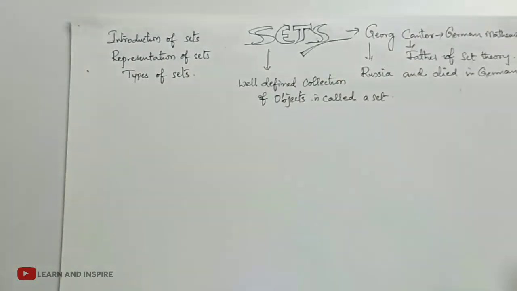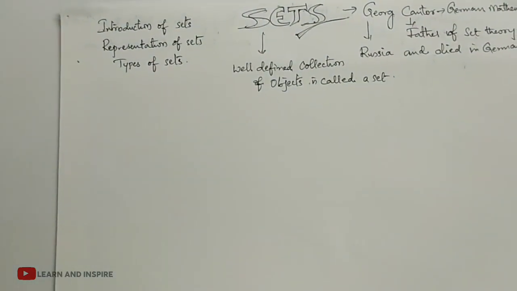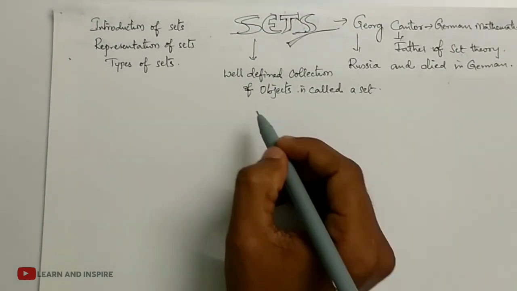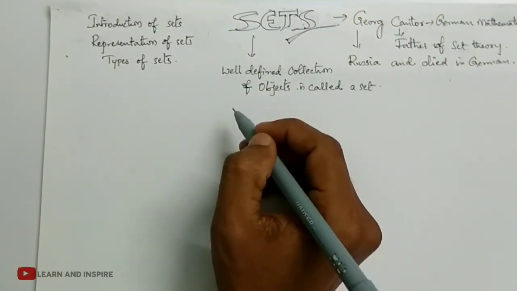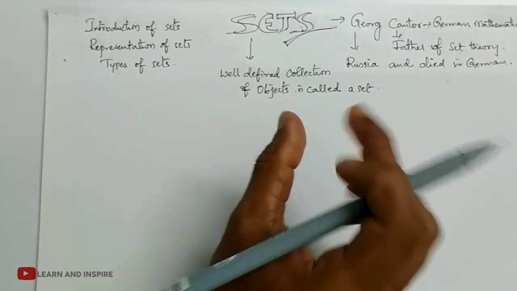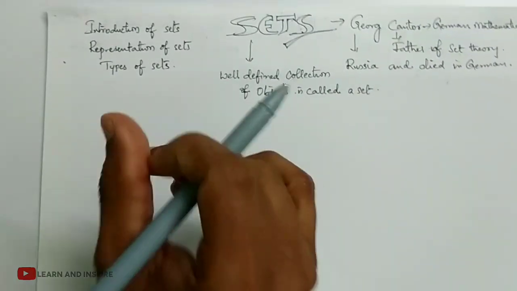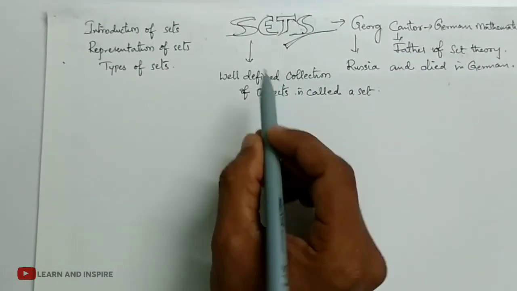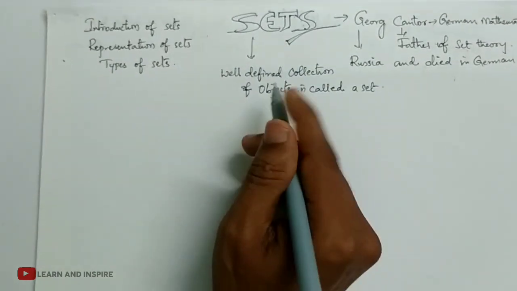Simple definition. Well-defined means, suppose a set of natural numbers. Natural numbers are well defined. Set of even numbers are well defined.